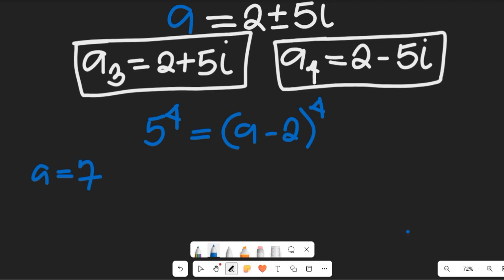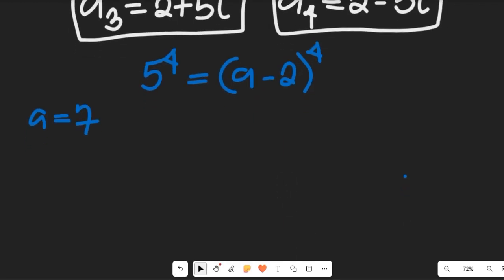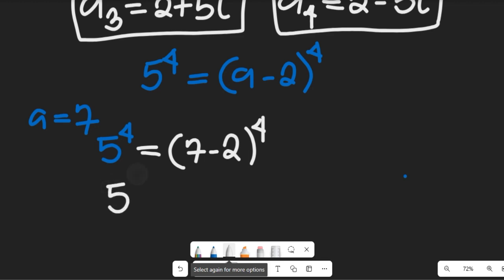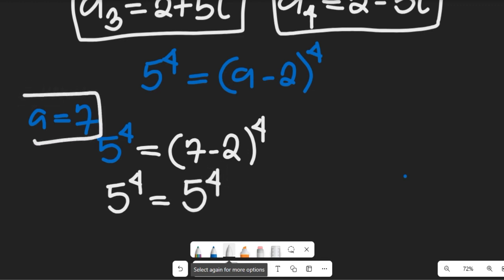Let's find out. If a is equal to 7, then this solution will be 5 to the power of 4. 5 to the power of 4, can it be equal to 7 minus 2 to the power of 4? Then 5 to the power of 4 will be equal to 7 minus 2, which is 5 to the power of 4. So this solution is absolutely what? Correct.